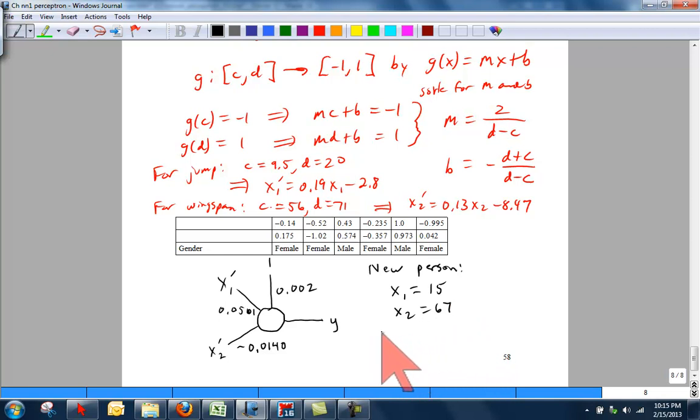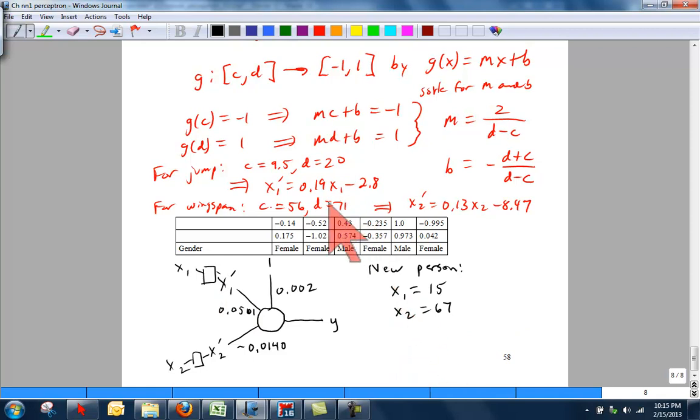First of all, you'll want to do the scaling. So remember back here, x1 and x2, the original physical variables, are coming into a scaling factor here. That's the equations converting from x1 to x1 prime and x2 to x2 prime.